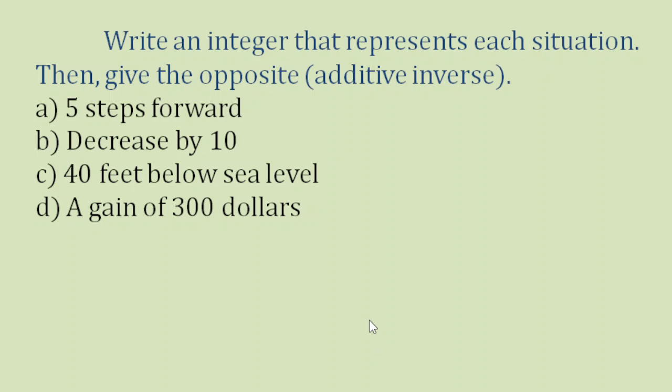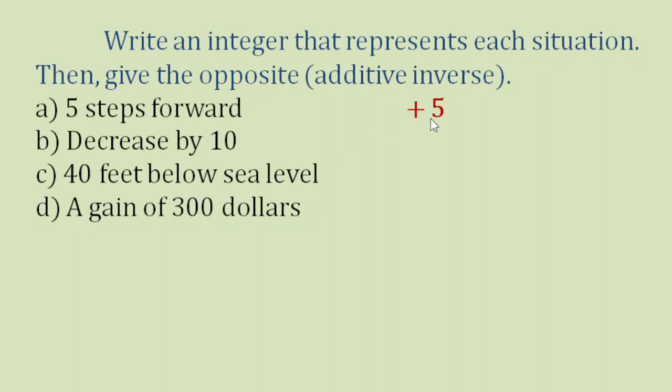Now, let's write an integer that represents its situation. Then give the opposite or the additive inverse. So I have here 4 situations. Situation A, 5 steps forward. What is the integer that represents the situation?